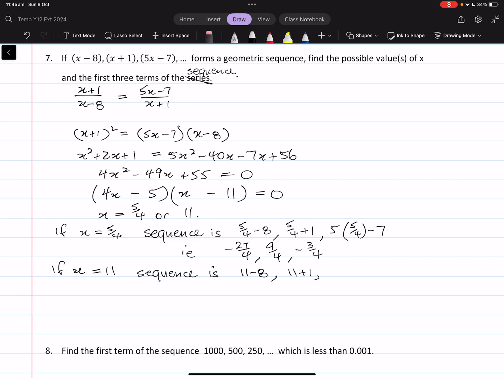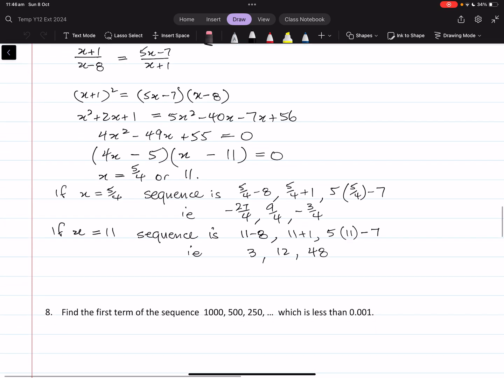And the next one is 5x minus 7, so 5 lots of the x value, 5 11s, minus 7. That's going to be 3, 12, 48. And that's probably a little bit more obviously a geometric sequence. Its common ratio is obviously 4. And it's not alternating, it's a positive common ratio.